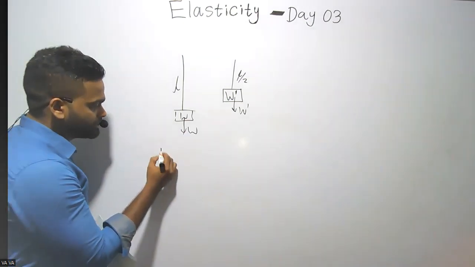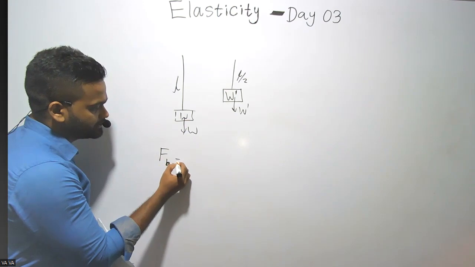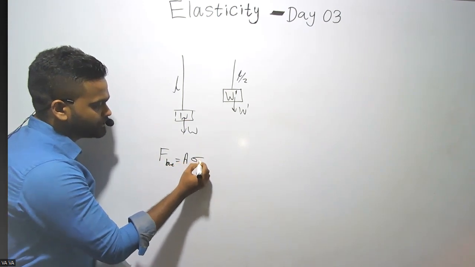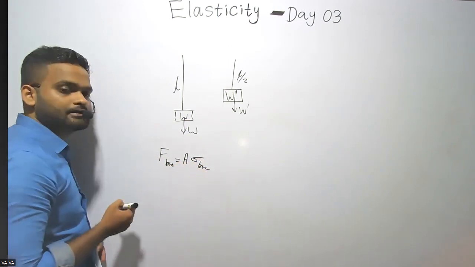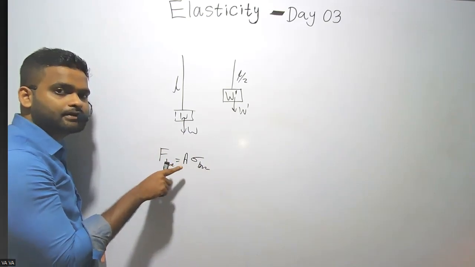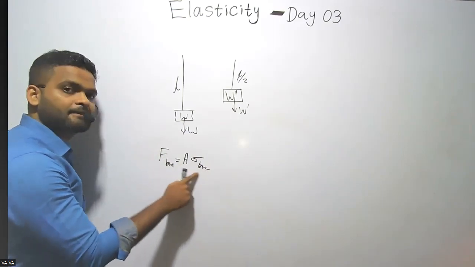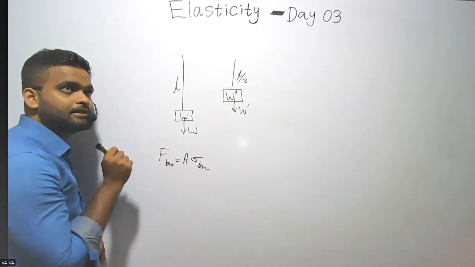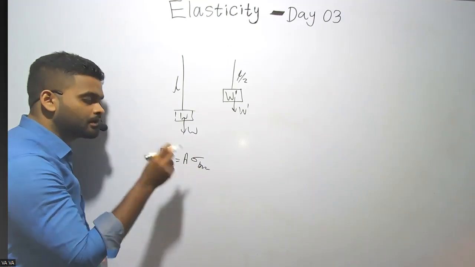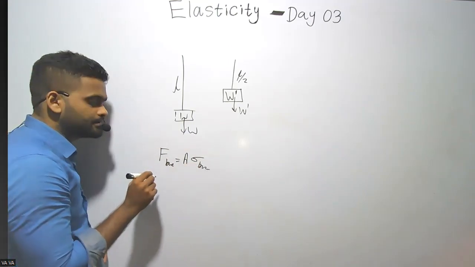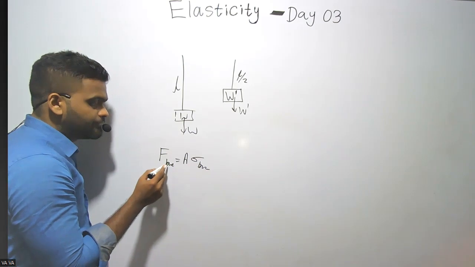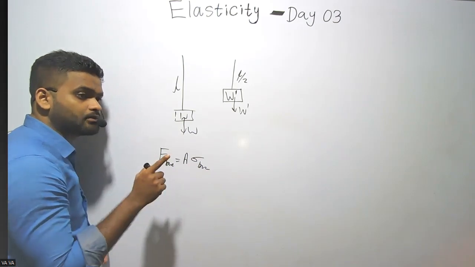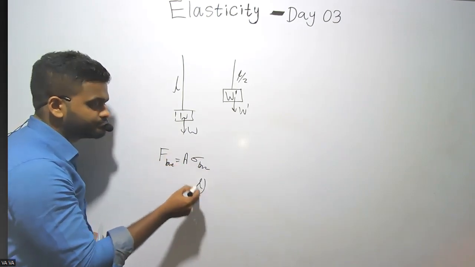Again, remember this equation. F break is equal to A times sigma break, right? Do you see length of the wire here? What does this mean? If you don't see a variable for length of the wire, F break is independent of length of the wire.